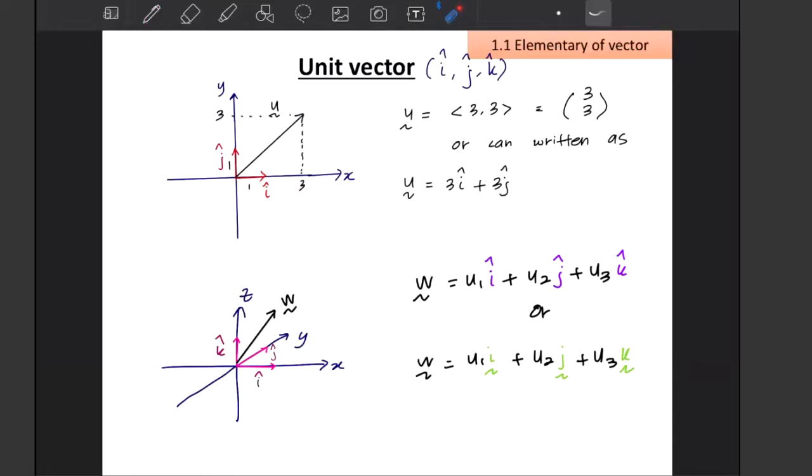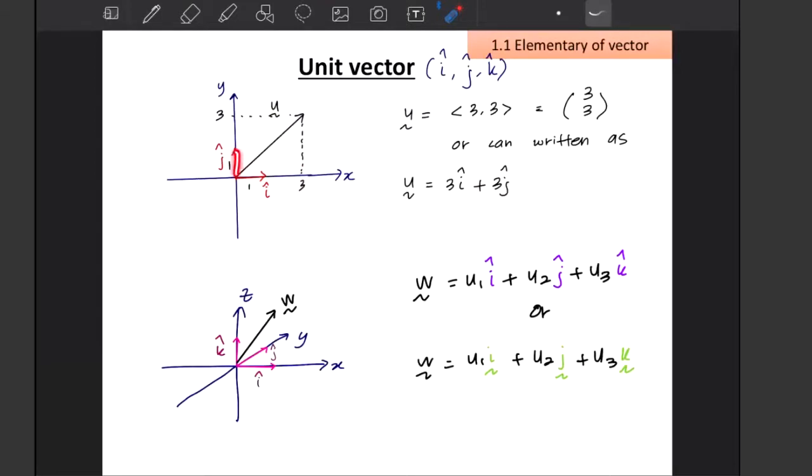So the X component of this U consists of 3I, because this one is 1I, then 2I, and then 3I. So that's why we write 3I. Same with J, because the nature of a unit vector is 1.